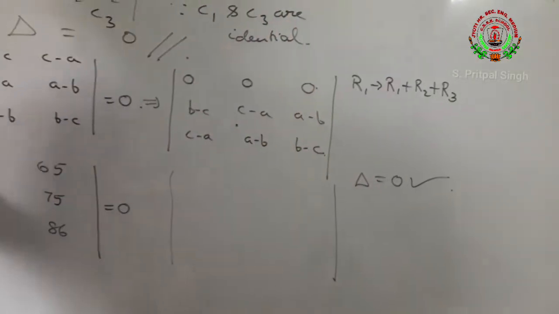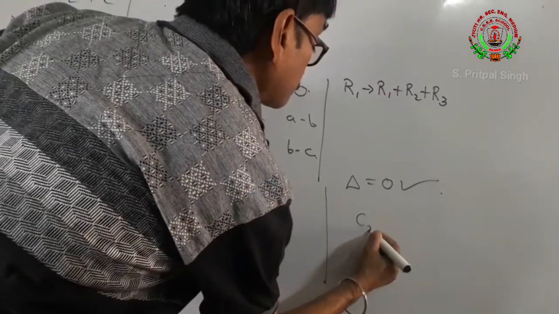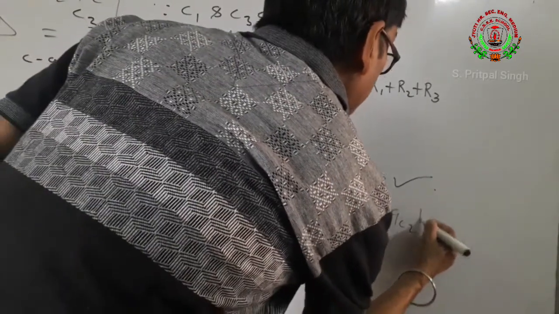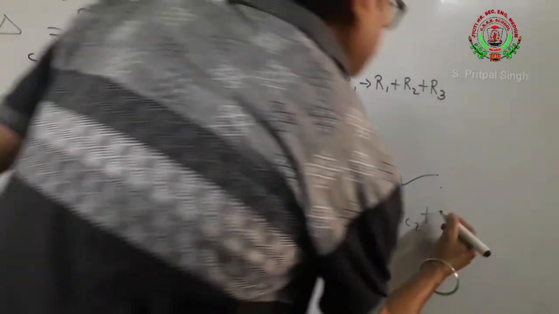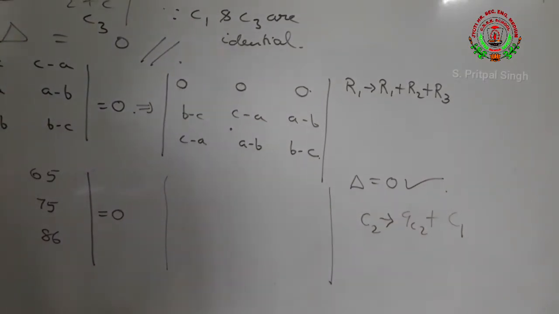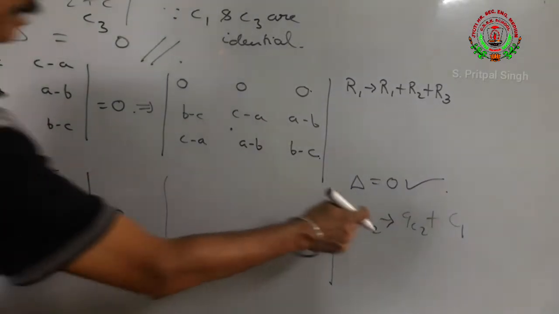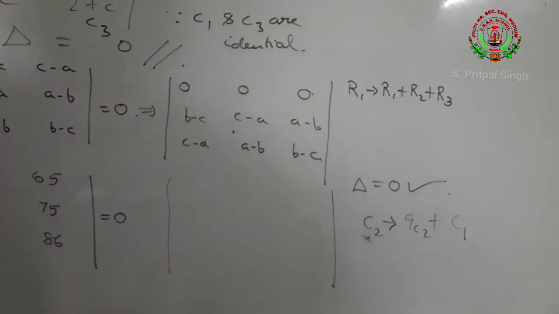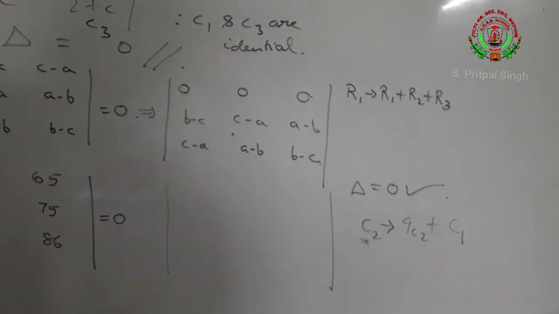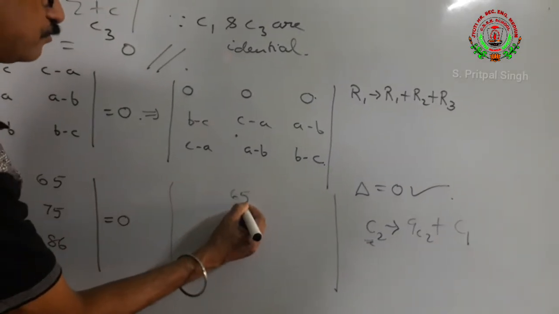Sorry, C2 will be equals to 9 times of C2 plus C1. So we are going to multiply the elements of C2 with 9, and C2 elements is going to be changed. So 9 into 7 63, and plus C1 that is 2, it will become 65.